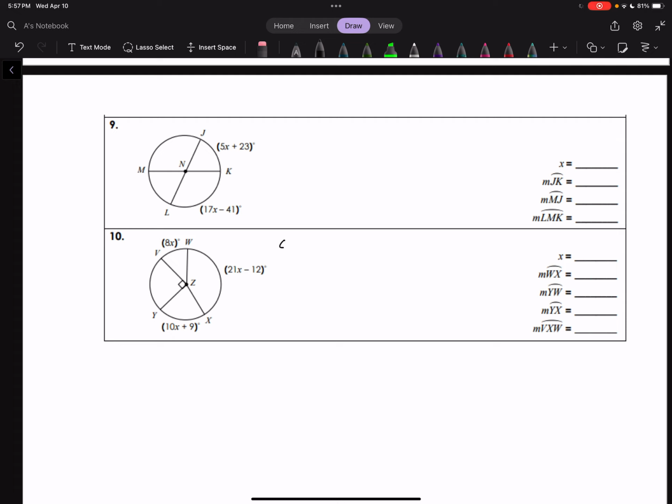If I take my 8x from the top, add my 21x minus 12, my 10x plus 9, I know I'm going to add up to 270. Now, instead of me just telling you why I'm doing that, take a moment and see if you can recognize what I'm doing here.